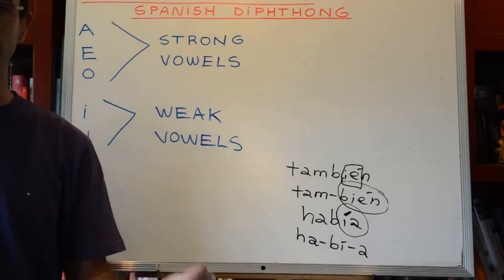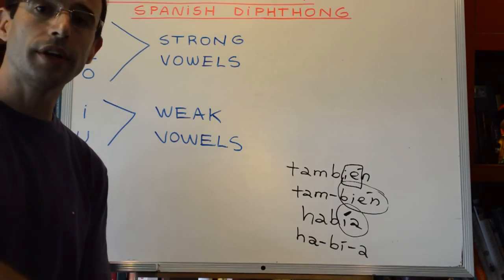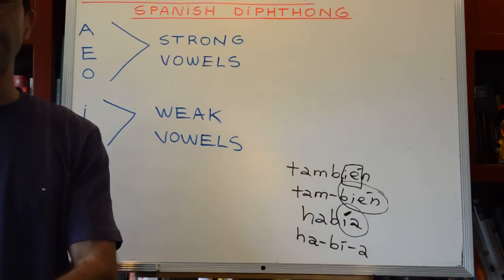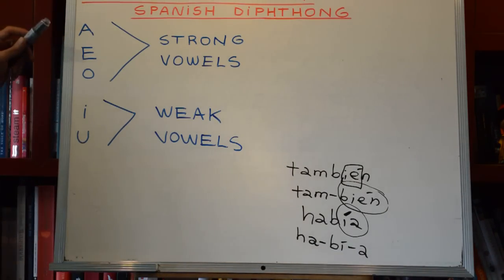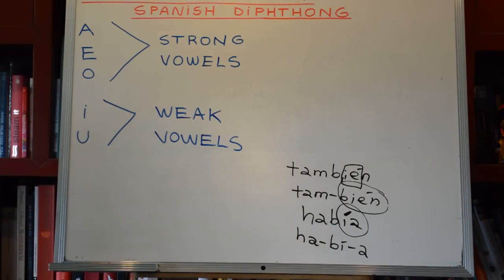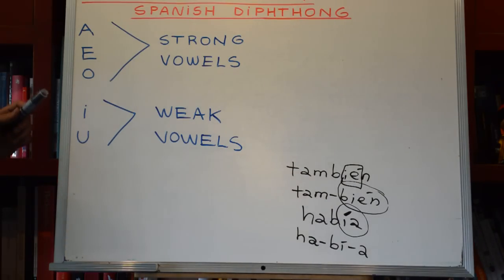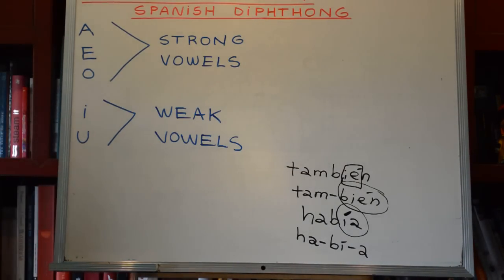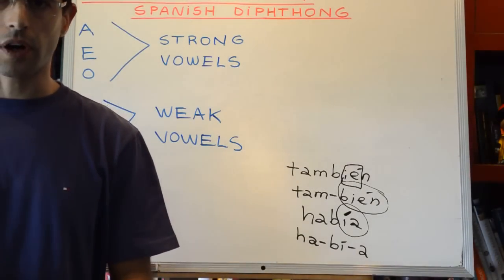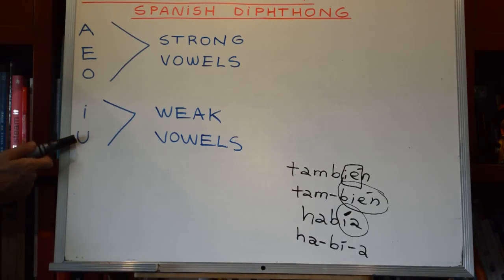Vowels are separated in strong and weak. Vocales fuertes son A, E, O. The strong vowels are A, E, O. Y las vocales débiles son I and U. The weak vowels are I, U. Okay?